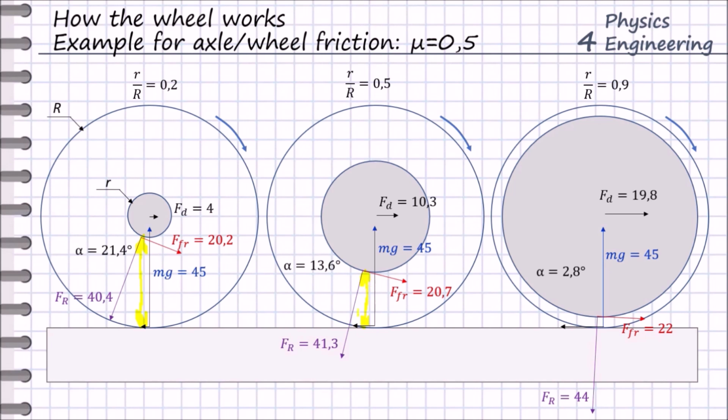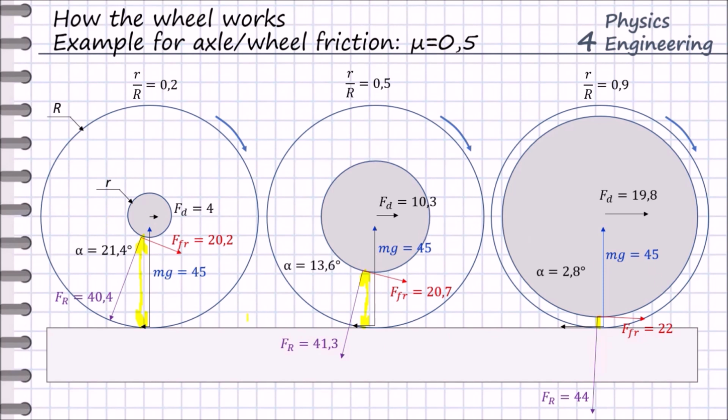Obviously, in order to have the same torque, the only way is to increase the force, since the lever arm is reducing. In this case, the lever arm is very small, and in order to compensate the torque coming from the blue arrow, we have to make this stiction force higher. This is the explanation of why the wheel works.